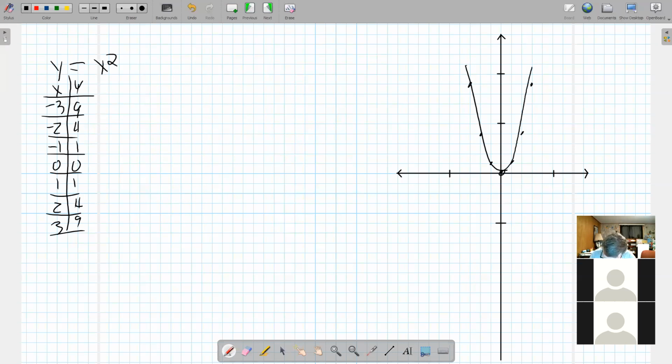I keep getting those lines off. All right. What if we go inside and we change it and we put like a -2 in there, okay, on the inside? Let's see, let's do that one in red. Okay, so let's get rid of that and go back here and say y equals x minus 2 squared, okay?